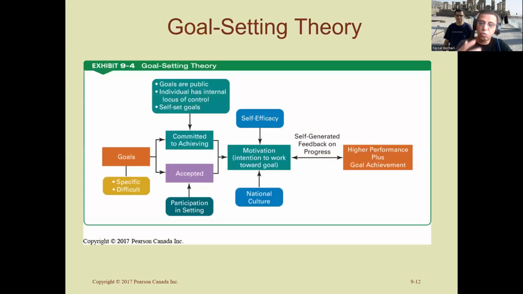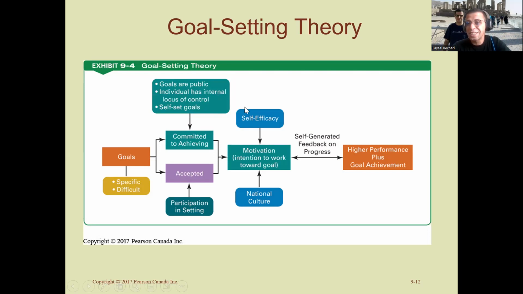It's basically about goals. The goals could be specific and also difficult, challenging goals. First of all, goals are public; everybody knows about them. The individual has an internal locus of control and self-set goals. The goals are committed to and accepted by the participants in setting them.